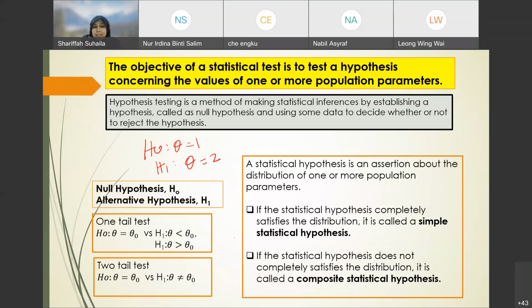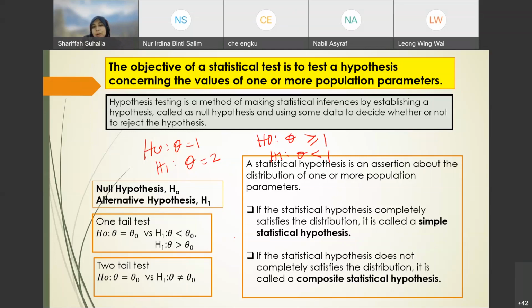Kalau kita ada composite statistical hypothesis, so in case your alternative can be less than ataupun greater than, ataupun kita punya null ni kita ada in terms of theta greater or equals to 1 macam tu. Okay, and then your alternative you need to write theta less than 1. So that one we call a composite statistical hypothesis.